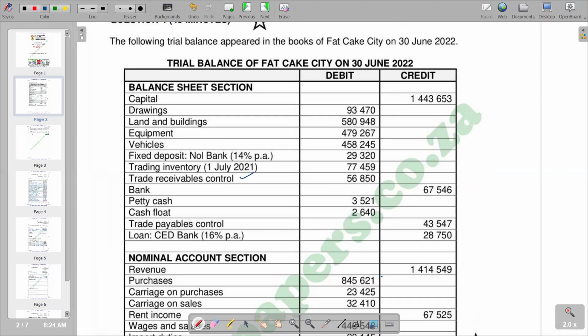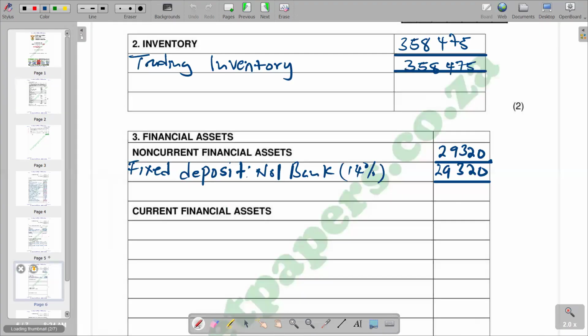So we are saying trade and other receivables, and the figure that we have is 56,850.